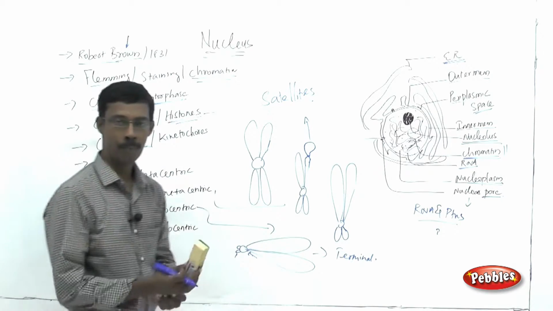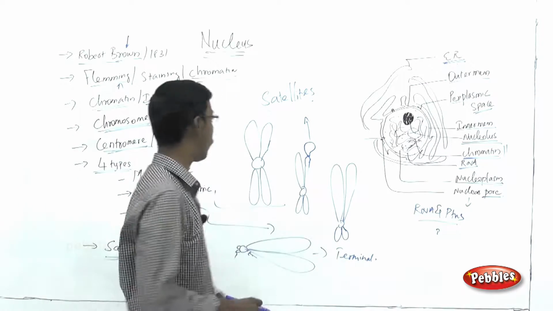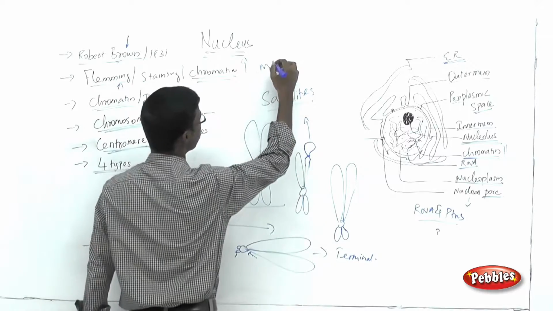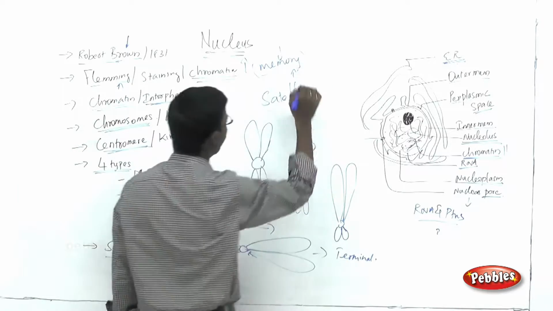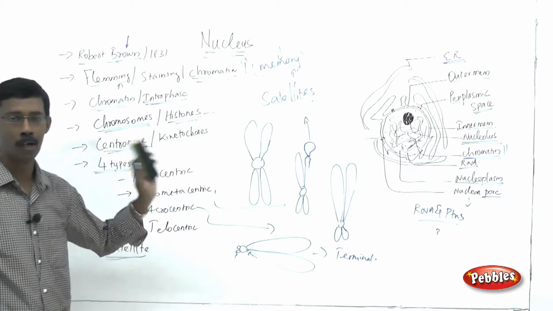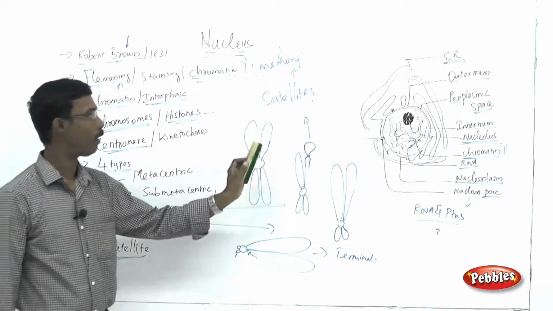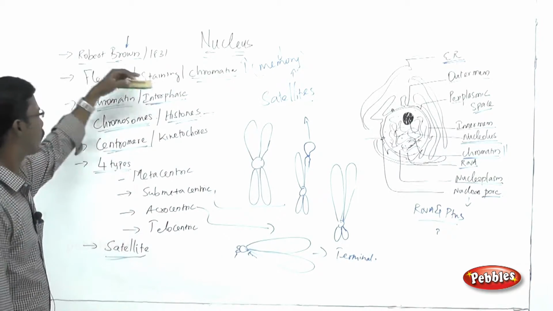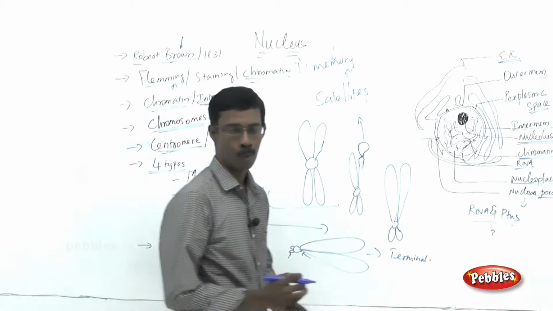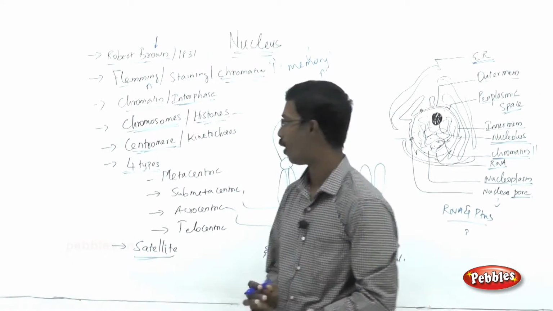So the nucleus is the master, the memory of the cell. They possess all the information for the cell. They are the major organelle of any eukaryotic cell. They were discovered by Robert Brown and stained by Fleming.